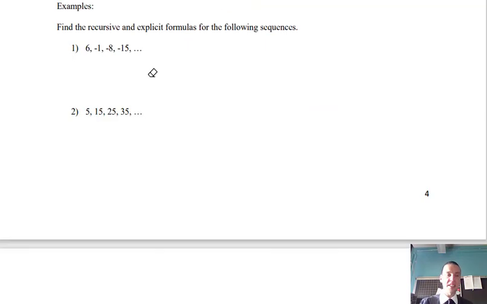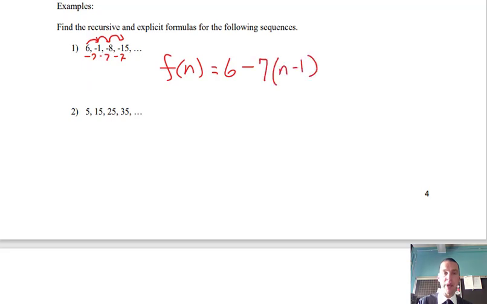So let's look at these next examples and then we will be done. The first thing you have to do is, how are you moving from one term to the next? Well, 6 to -1, we are subtracting 7 each time. Arithmetic sequence. So we're going to have our f of n equals, what's our starting value? 6. Subtracting or adding, we're going to be subtracting, so -7 times n minus 1.